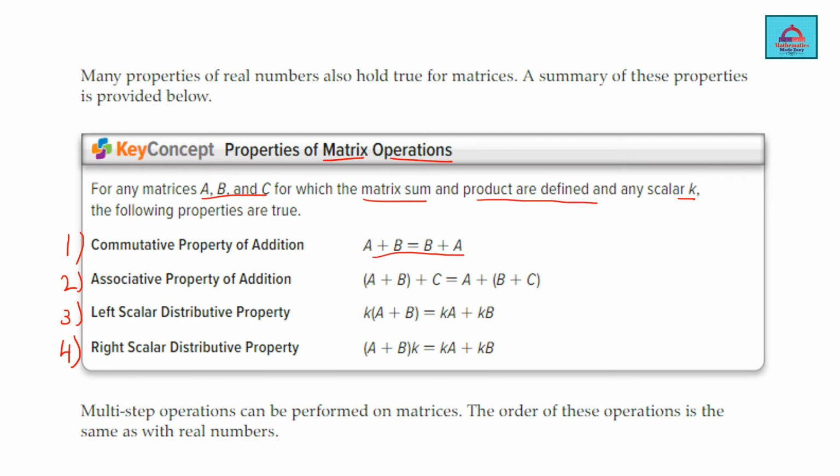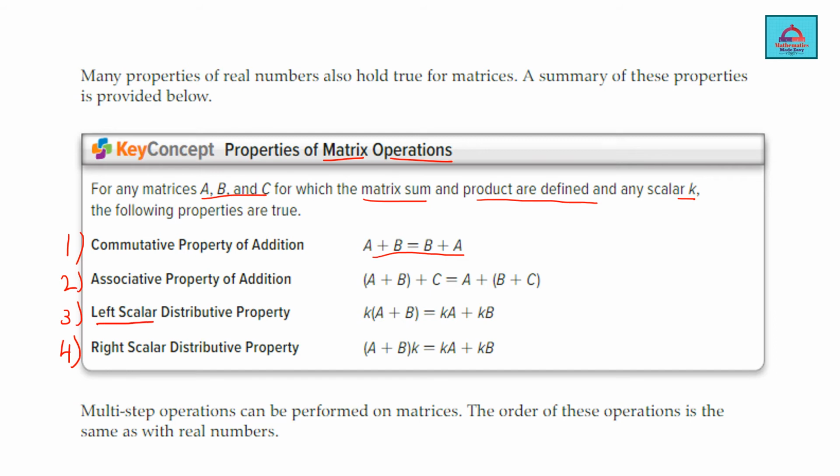That's the first property. Associative property of addition, if you have three matrices and you first add A plus B in that order and then you add to the result C matrix, or if you first add B and C matrix and then add A. So the grouping, if it is different and then you're adding the third matrix, the result will still be the same when it comes to addition.